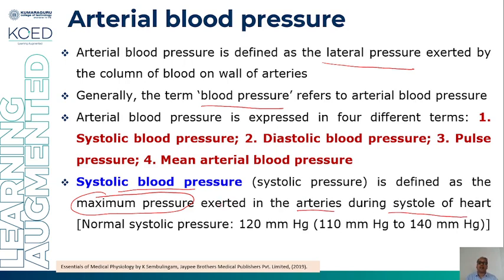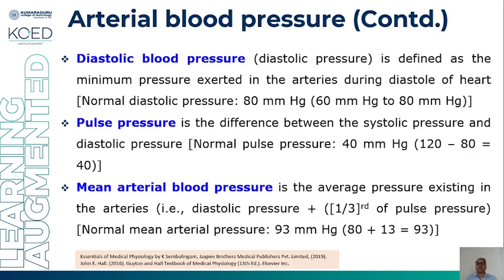And again in the cardiac cycle we saw atrial systole and diastole, ventricular systole and diastole. Exclusively the systolic part, and that too significantly the ventricular systolic part of your cardiac cycle, plays a major role in recording this systolic pressure. So the normal systolic pressure is 120. It can range somewhere between 110 mm Hg and 140 mm Hg. It all depends upon the age.